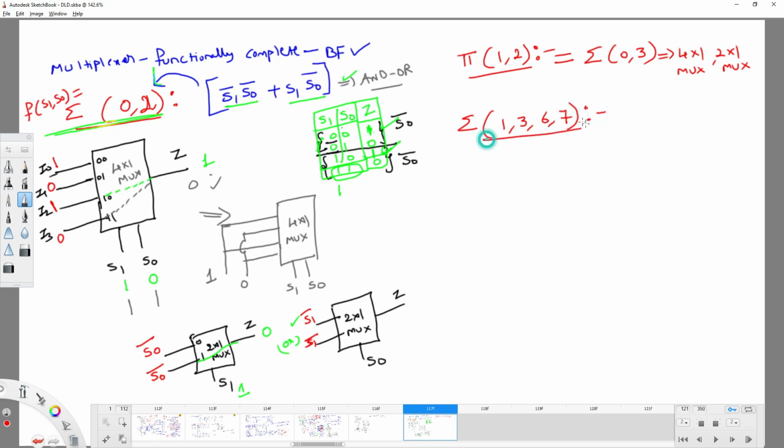Now the question is, how many minterms are there here? 4 minterms are there. 1, 3, 6, 7, meaning that when we pass 1 or 3 or 6 or 7, I need to get the output 1. So can we implement it with an 8 by 1 mux? Yes, we can implement it with an 8 by 1 mux.